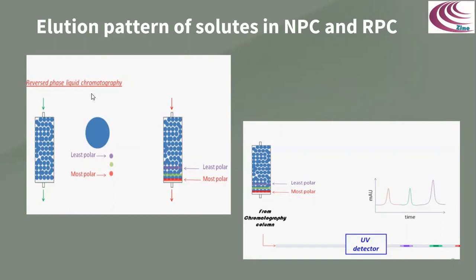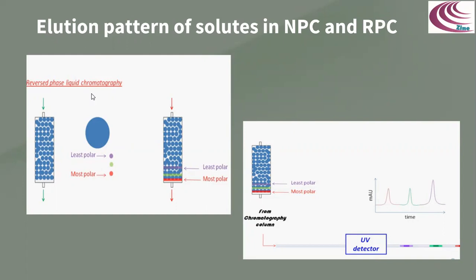What will happen in normal phase chromatography? You can guess. Since the stationary phase is more polar, polar solutes interact more with it and are retained for a longer time in the column, whereas the less polar or non-polar solutes interact more with the mobile phase and move down the column faster along with it.